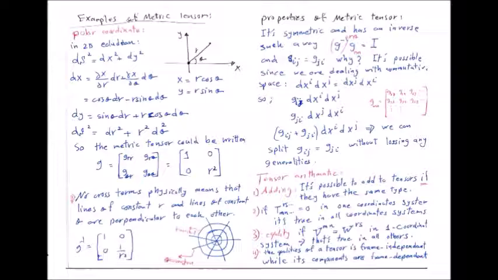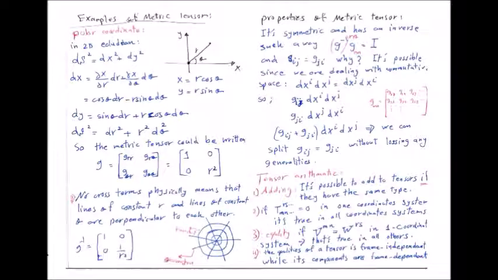We will discuss now what that means. It is symmetric and has an inverse, so the product g times g inverse equals the identity, and symmetric means g ij equals g ji. Why do I take it symmetric? In general, it shouldn't have to be symmetric, but it's not wrong to take it symmetric, because I am dealing with commutative space.